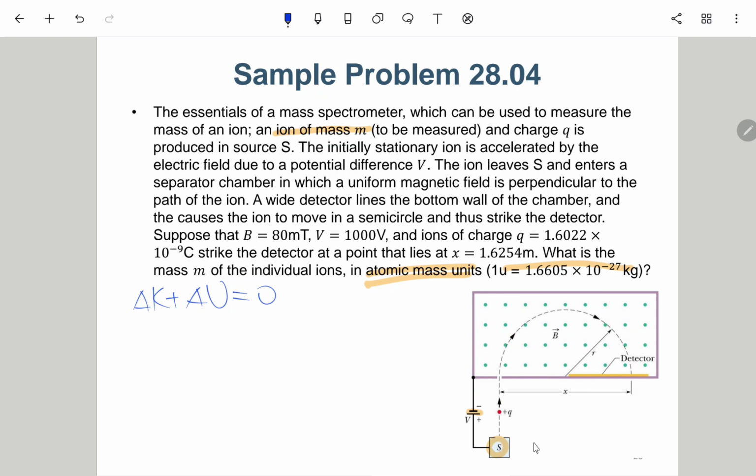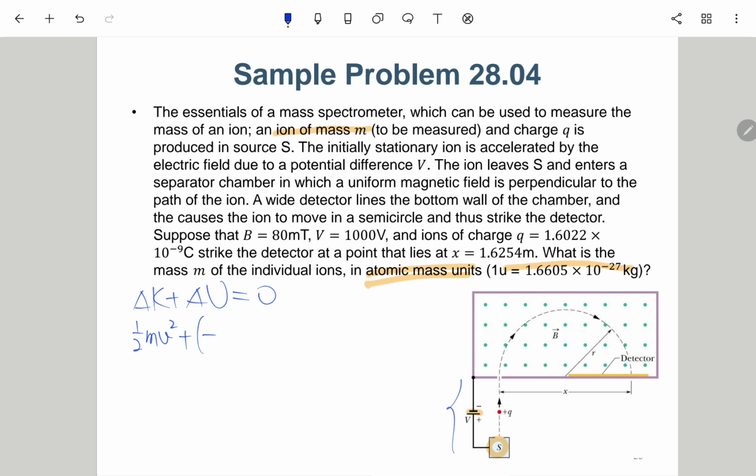Okay, so at the very beginning there is no velocity, so K initial is 0. And then finally, we have some kinetic energy, some velocity. So we have 1/2 of mv squared plus delta U. Delta U is actually the potential difference here.